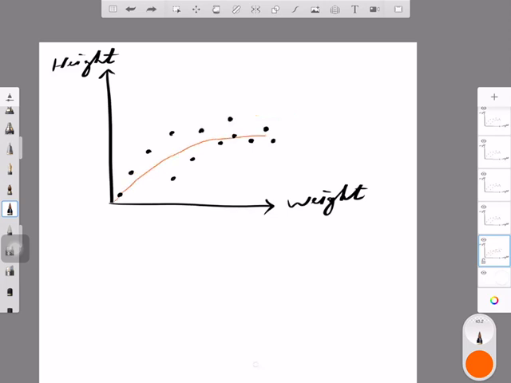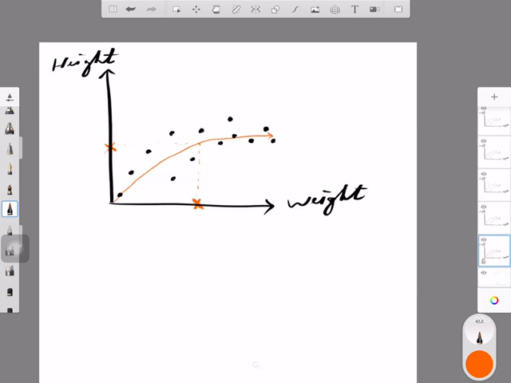So what I would like to do is be given a mouse weight and tell what the mouse height is. Ideally, what I need is the exact mathematical formula that can describe the relationship between the weight and the height.